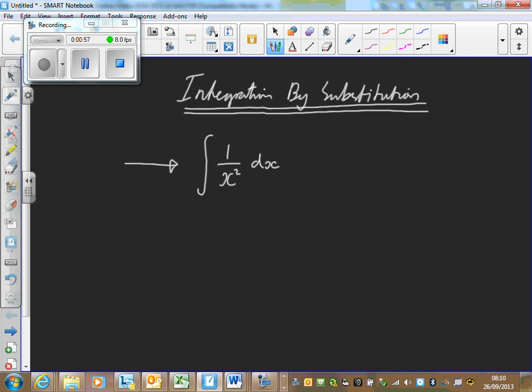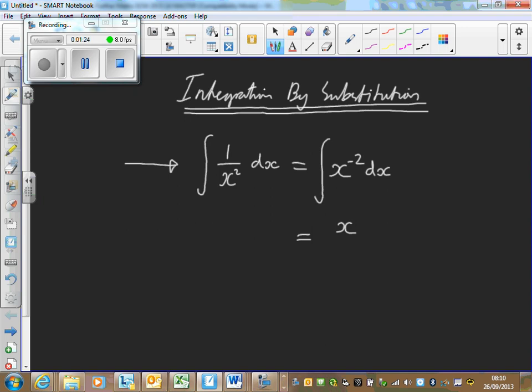Now, if we consider this integral, this is one which we can do already. The integral of 1 over x squared. There's no limits, so we're going to need a constant of integration. My first step is to write this in a slightly nicer way using powers. I'm going to write that as x to the power of minus 2 dx. Now, this integral then, we add the power, divide by the new power.